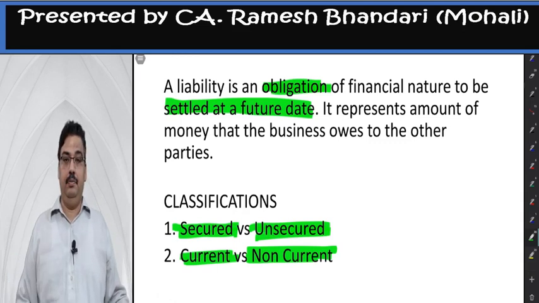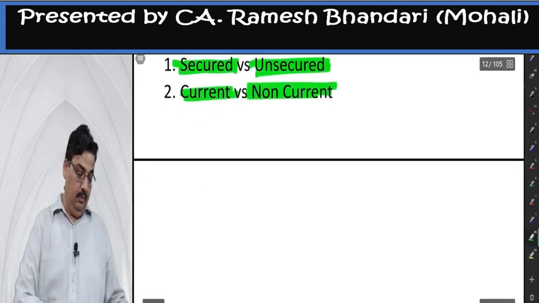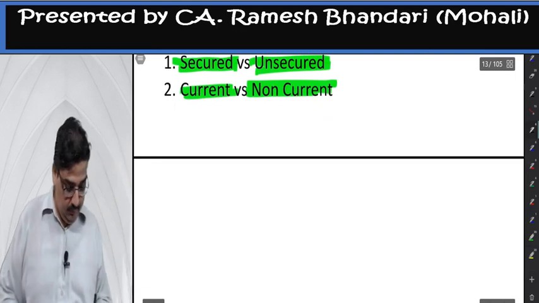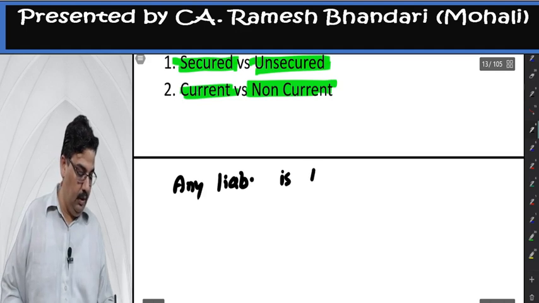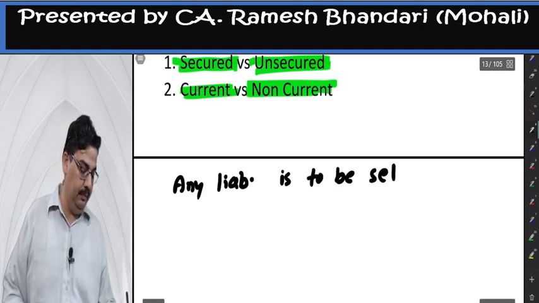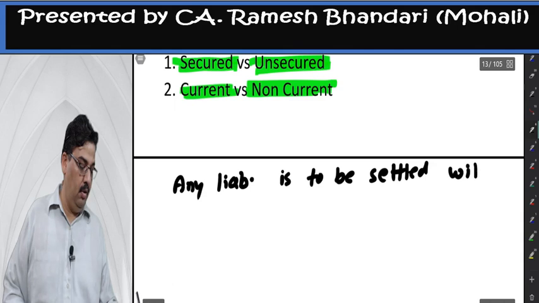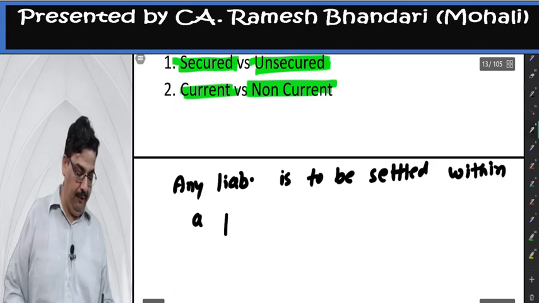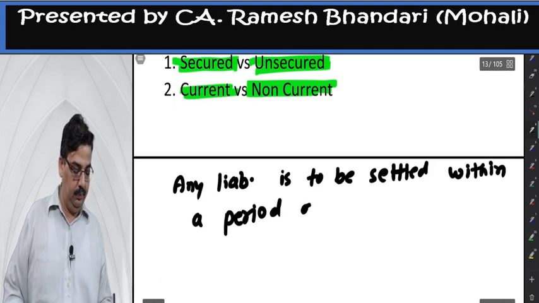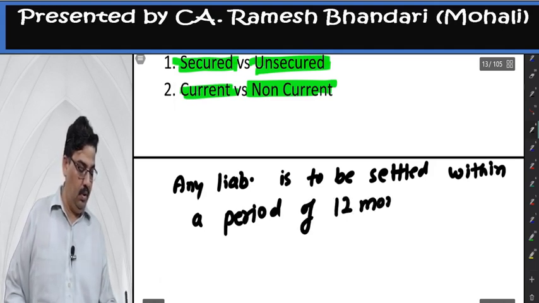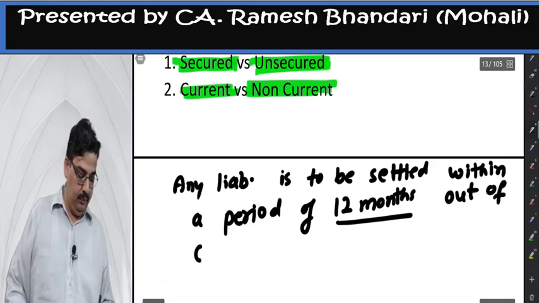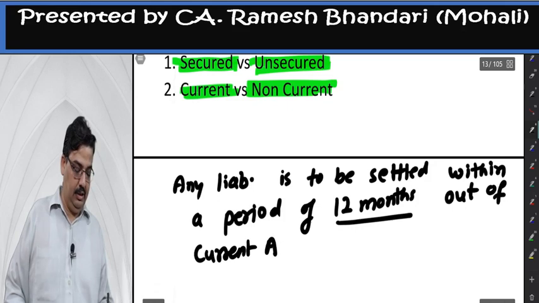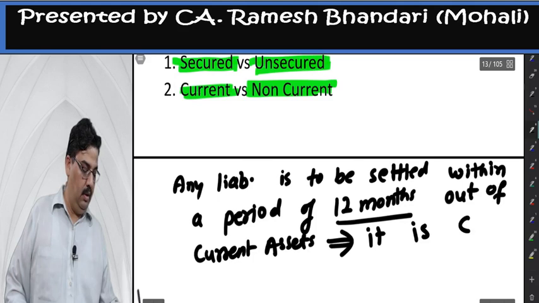For an analyst, when any liability is to be settled within a period of 12 months out of current assets, it is a current liability.